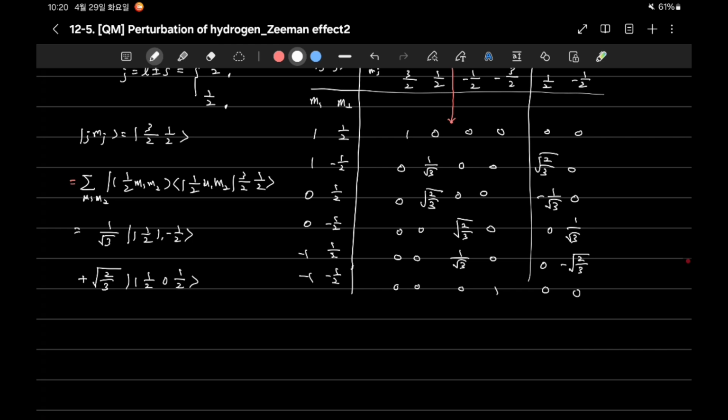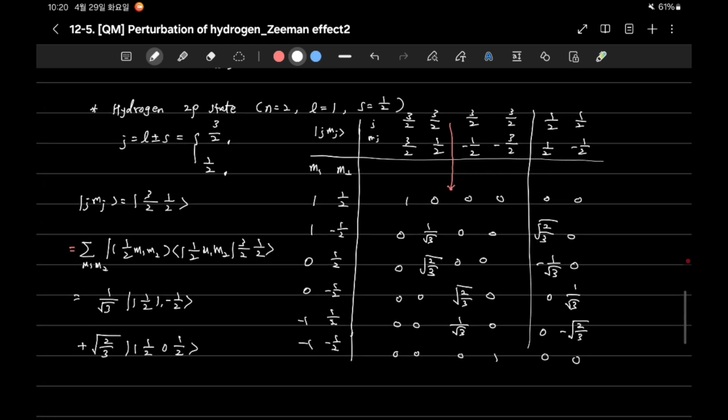Here, in this hydrogen 2p state, J is equal to 3/2 and 1/2.